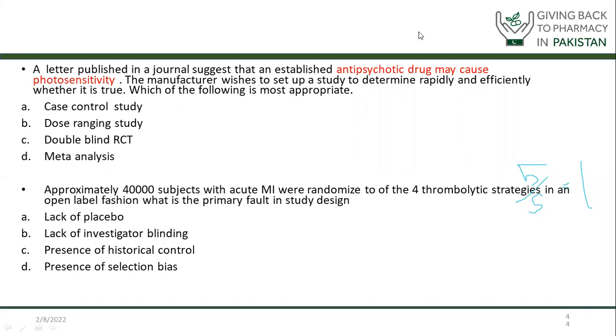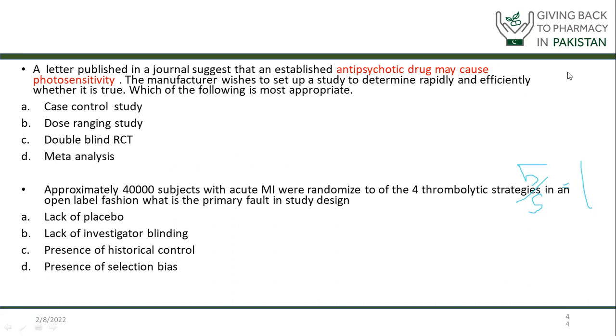So adverse effect means exposure. What is exposure? Exposure is antipsychotic, and that exposure can cause a disease or a problem, and the problem is photosensitivity. So we are seeing the patient with photosensitivity, without photosensitivity, and we will go backwards to see whether they have used this antipsychotic or not. So it was very fast and cheap. You remember, it was already mentioned, case control study. So this is a case control.